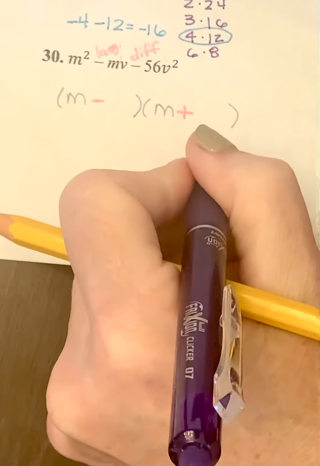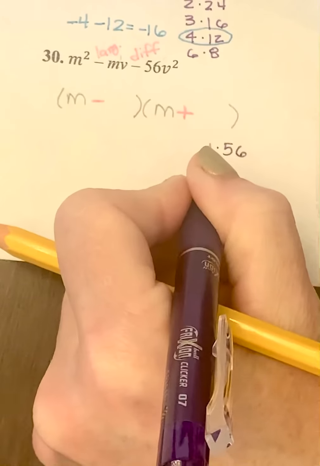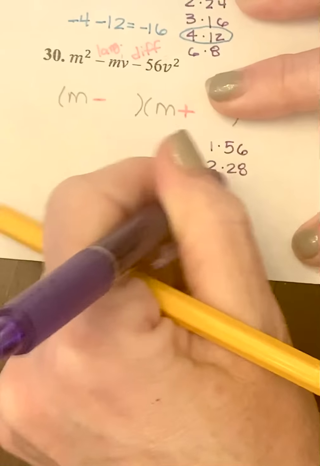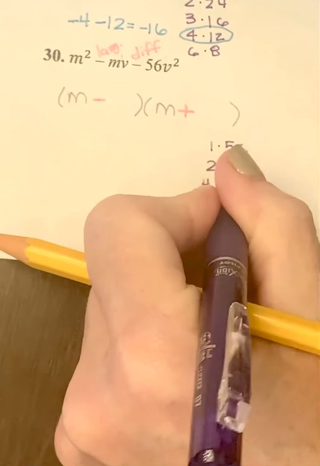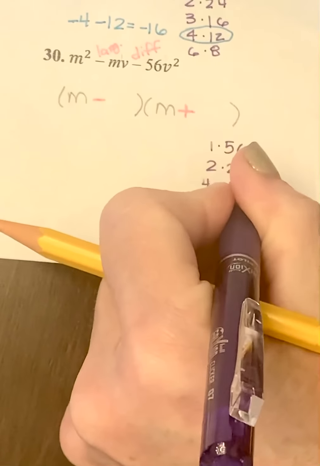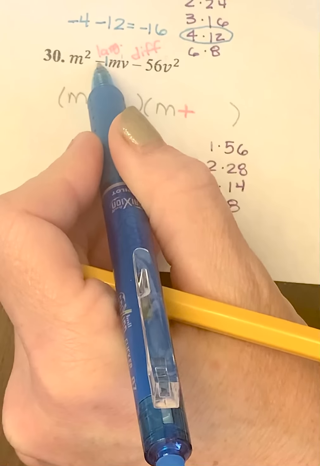I take the factor pairs of 56. 3 won't go into it. Okay, 4 will. 4 will go into it 14 times, and then 7 times 8. Okay, I need the factor pairs that will combine to give me a -1, and I know the larger number has to be negative.